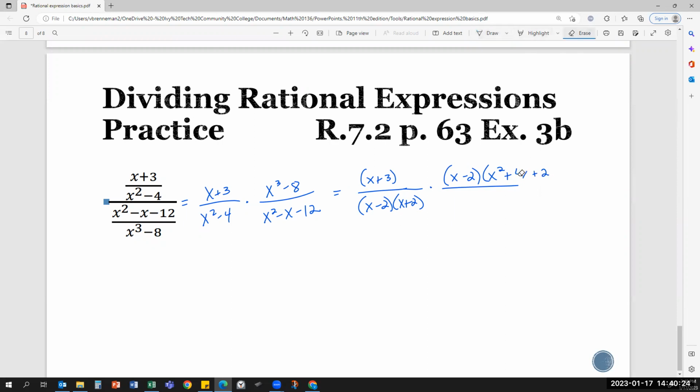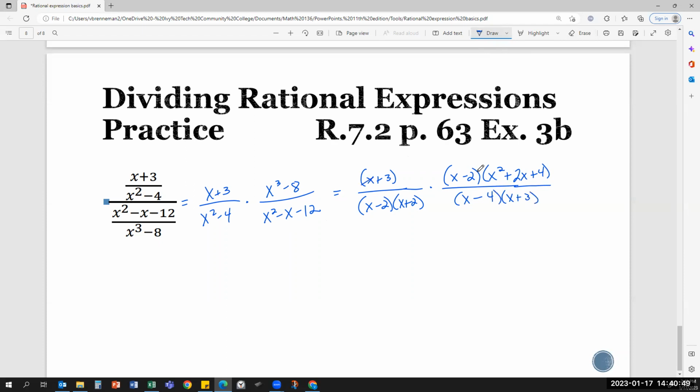I'm trying to remember the difference of cubes factoring; you don't have to have it memorized, have it written down or somewhere that you can look it up. But this is x squared plus 2x plus 4, and that doesn't factor anymore. And then x squared minus x minus 12 is x minus 4 and x plus 3.